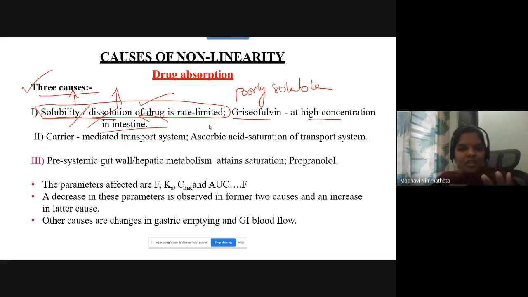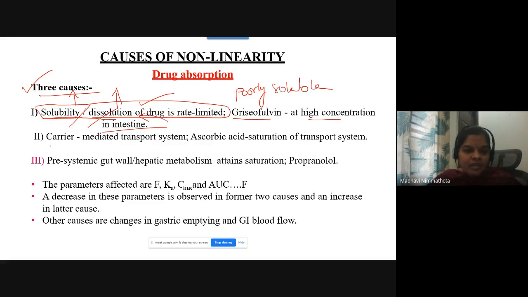We think that it is a poorly water soluble drug, basically doesn't show any solubility or dissolution, so definitely we would say that it follows linear kinetics. But it is showing solubility at high drug concentrations, then definitely there is an alteration in its linearity. That means it will produce some non-linearity. Okay, so that is one cause.